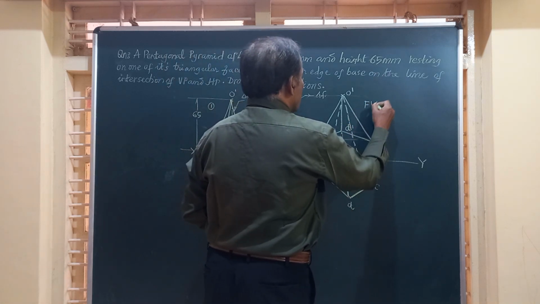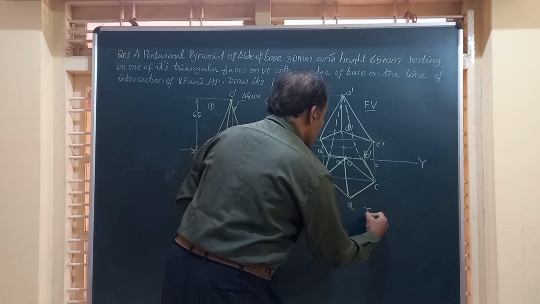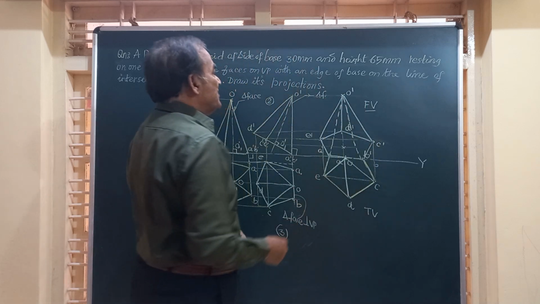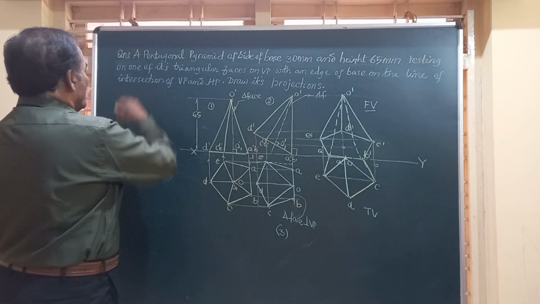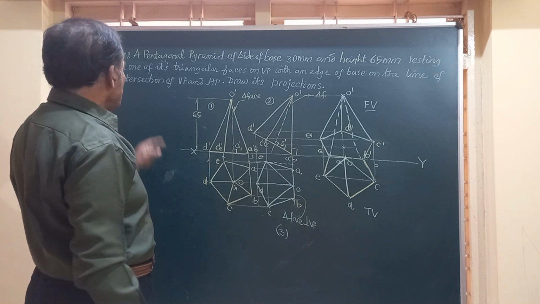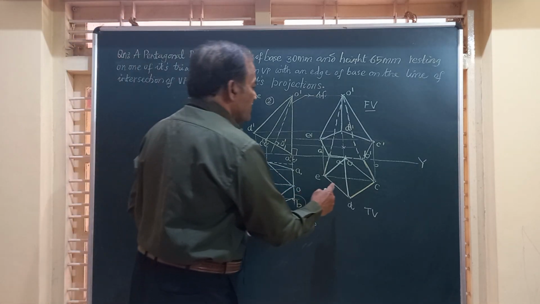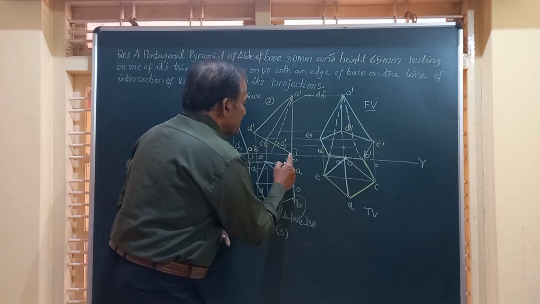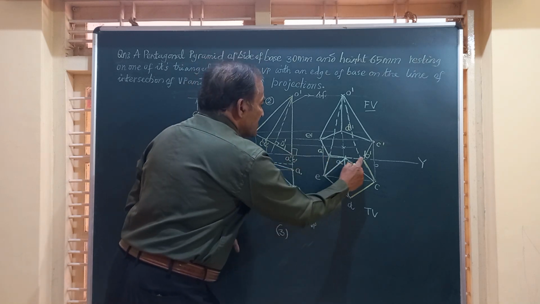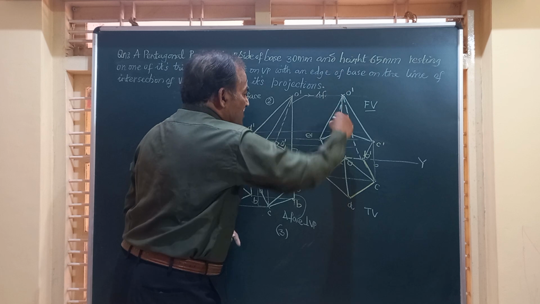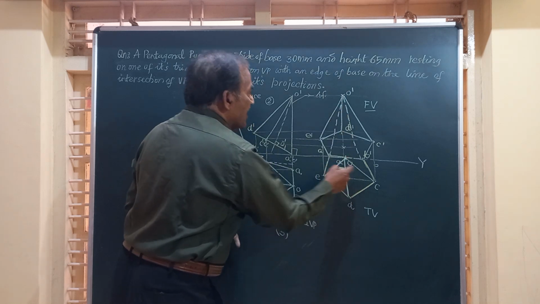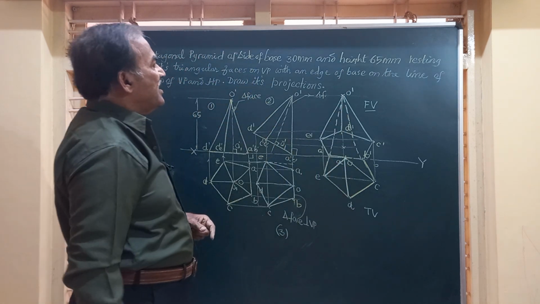And friends, you observe here that the problem satisfies all the requirements put forth in the question. That is, one of the edges should be on the line of intersection of HP and VP. That edge is AB, that is seen on XY line, both in the top view and in the front view, and hence this edge is on that.